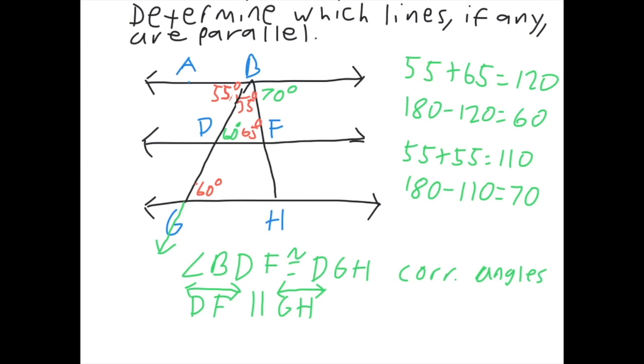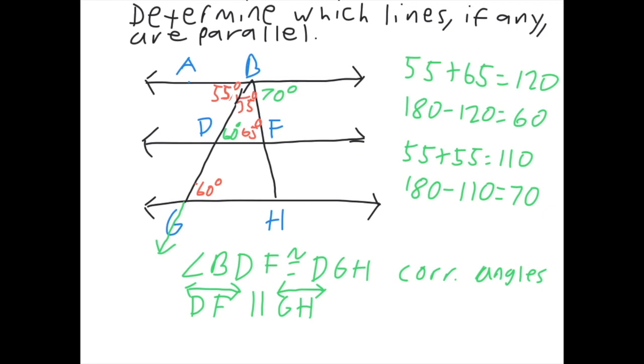So now, if we are trying to see if these two are parallel, if these two lines are parallel and this is the transversal we're talking about, then this angle right here is 65 degrees and this one is 70. These are both on the interior of the parallel lines. They're both inside the parallel lines, but they're on opposite sides of the transversal, alternate sides.